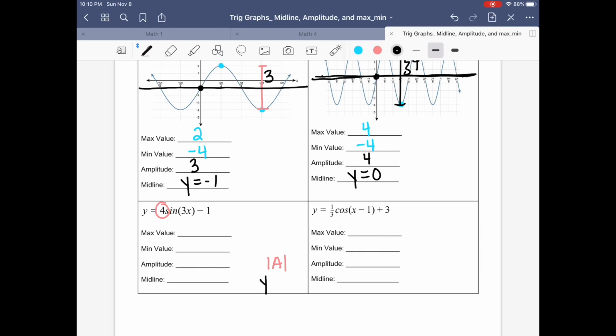Now, my midline is always y equals the D value. So the D value is always that value at the very end, that plus or minus, that number, that constant. So I'm going to look at it in Desmos in just a second. But before we do that, I'm going to show you that this should be at y equals -1. And my amplitude is actually going to be 4.